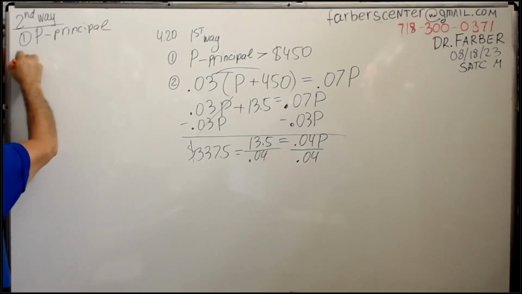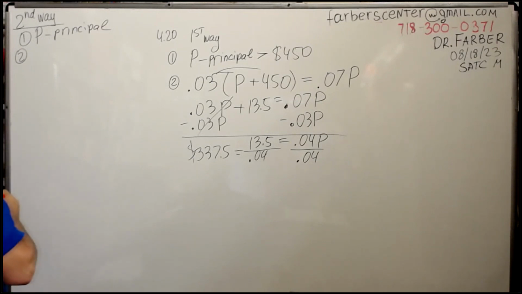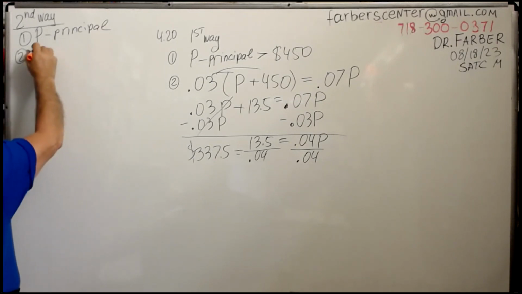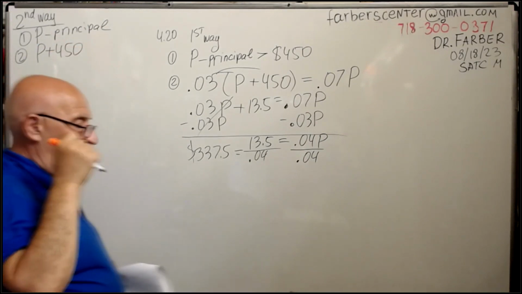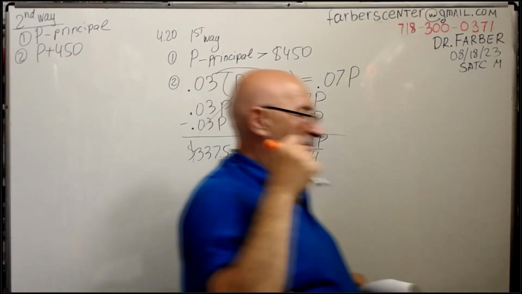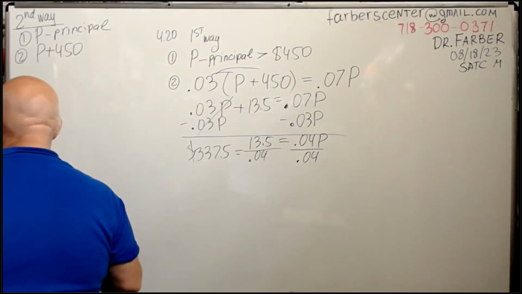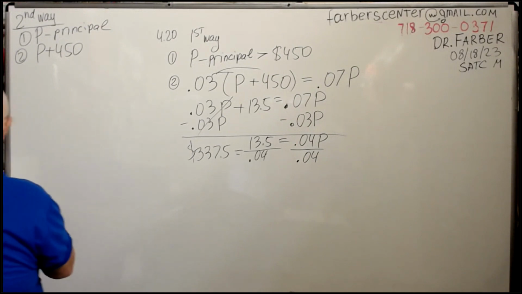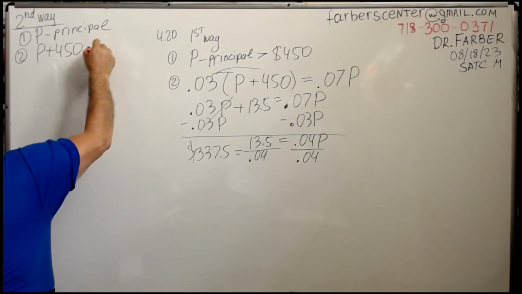And how to say, the net investment would be P plus 450, because P is what you invested in the bank, and the bank makes you an extra $450. I will name it net investment.